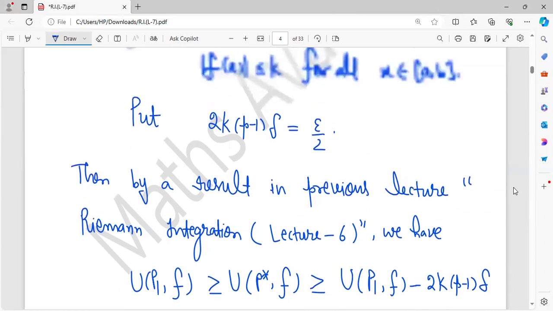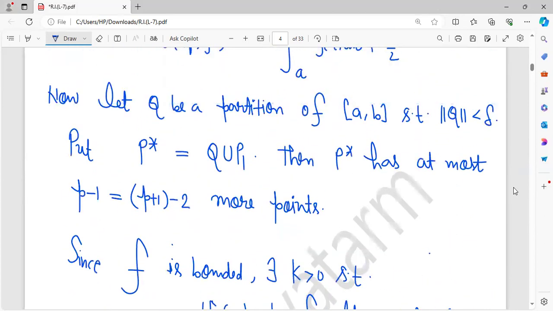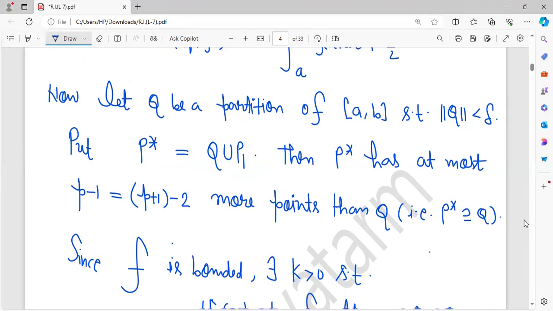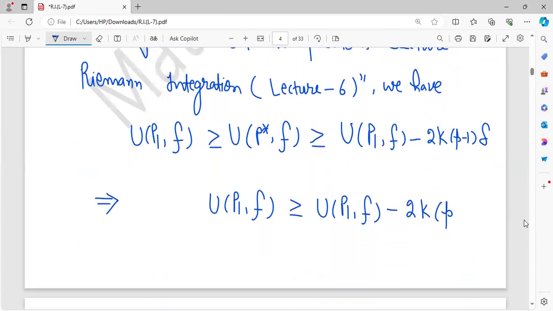Sorry, let me check. Here it has more points than Q. So it means P star contains Q, and it has at most p minus 1 more points. So by the previous result, we will have here P star.